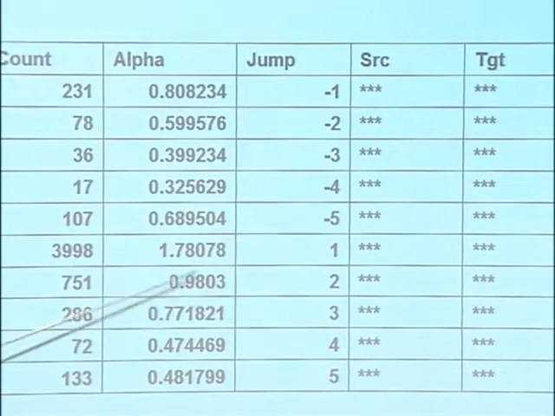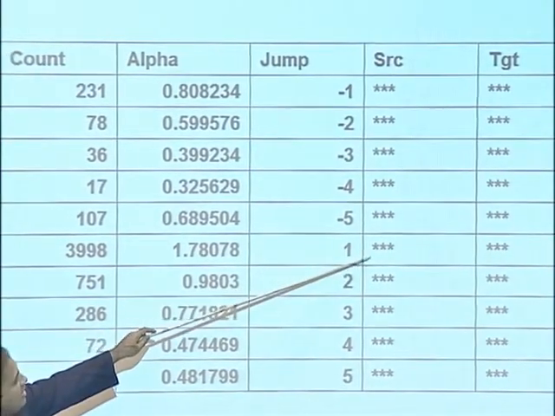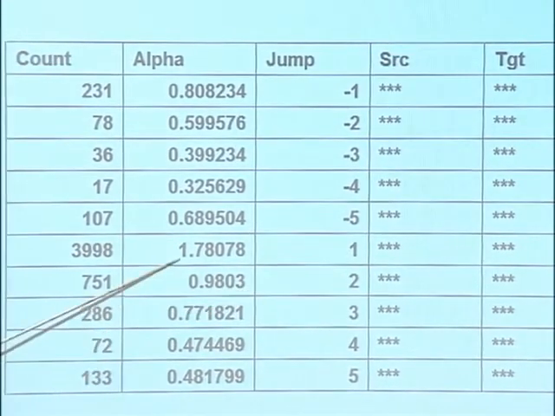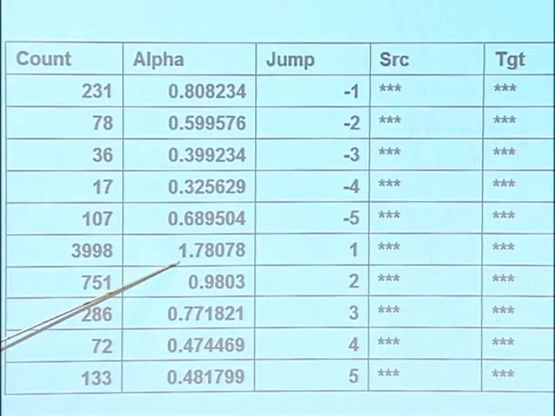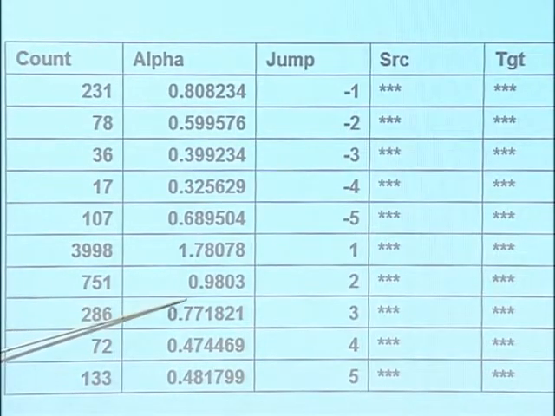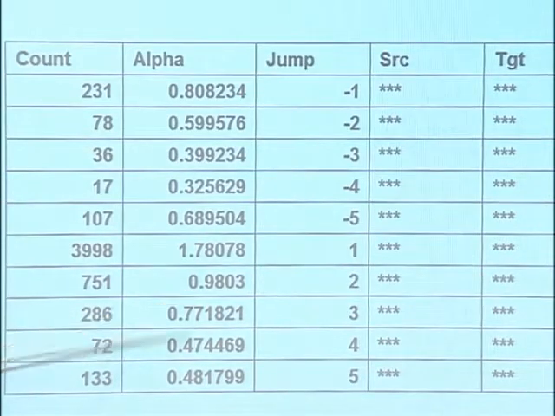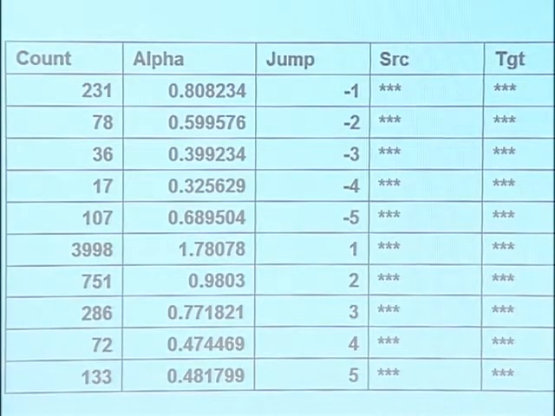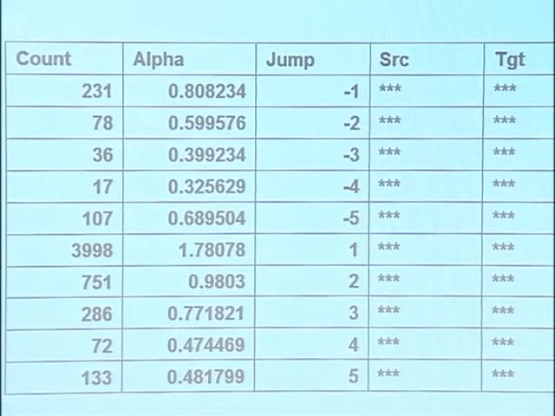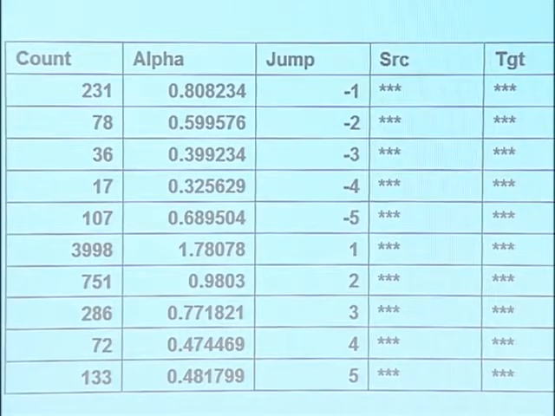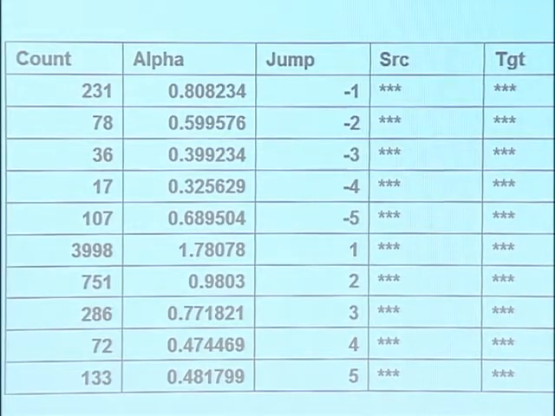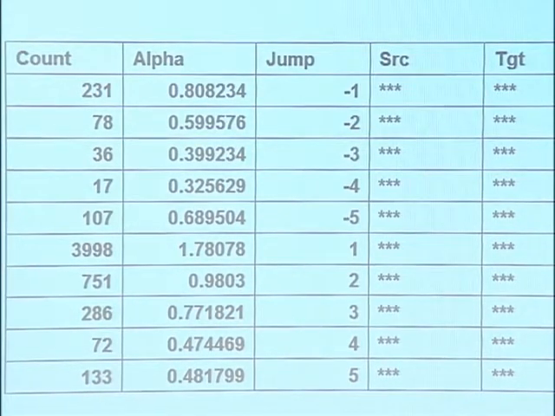Then we'll say, it's a rare thing jumping by distance 1, and the system seems to like it because its alpha is greater than 1. If you jump by 2, it's pretty close to 1, it's probably okay. Everything else, it's saying it's not very good, which matches our intuition. And it also smoothens the distortion model that's being used in the system.